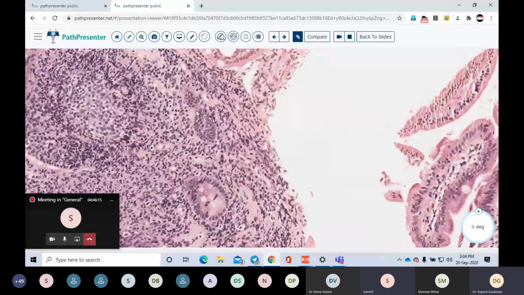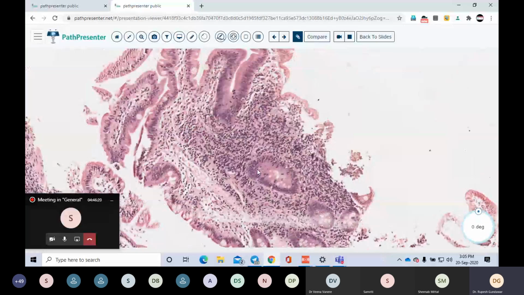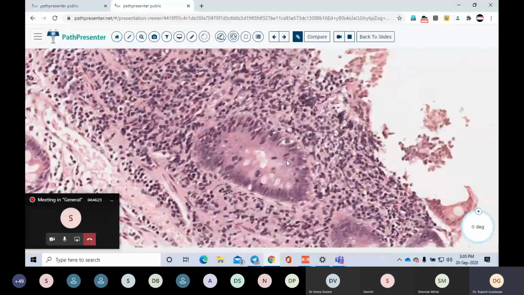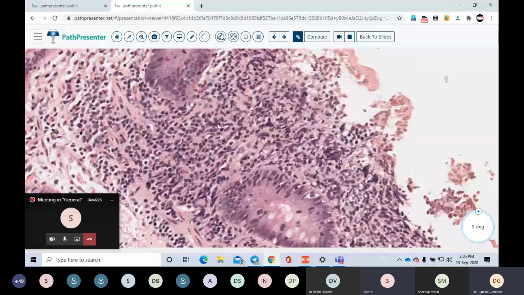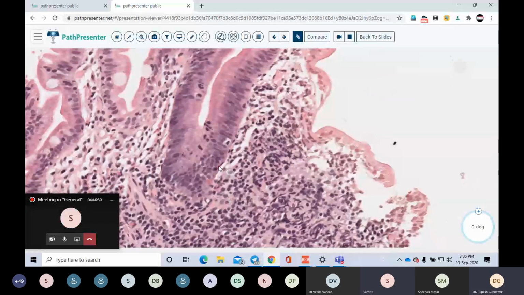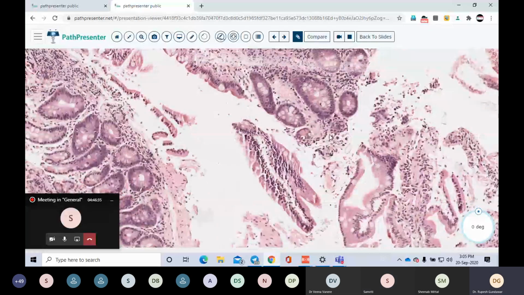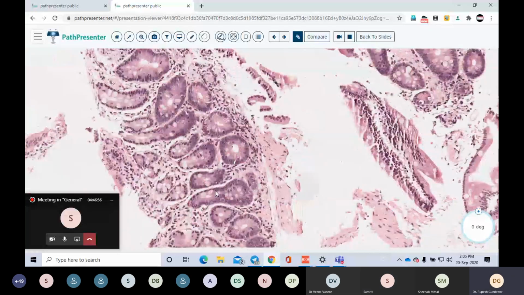Okay. The other peculiar finding, I will just show you the foci. See this crypt. Cryptitis. Okay. I will show you one more such crypt. See this crypt.